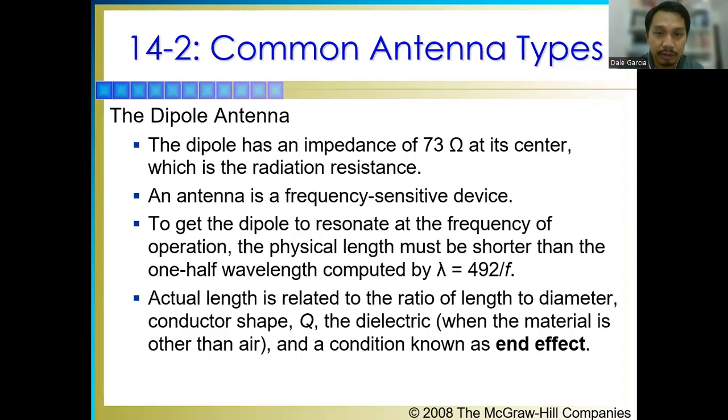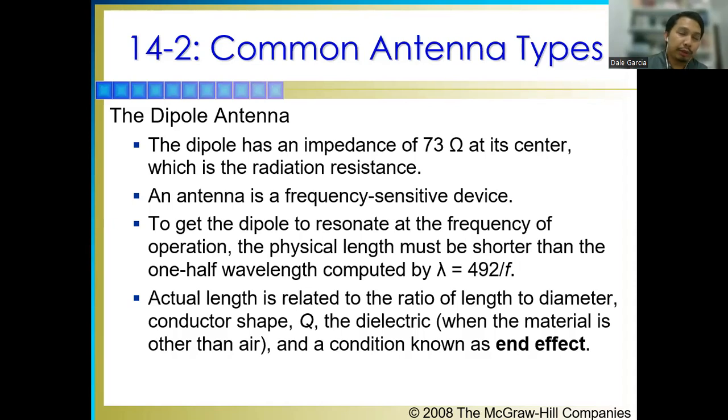An antenna is a frequency sensitive device, of course. To get the dipole to resonate at the frequency of operation, the physical length must be shorter than 1/2 wavelength, computed by 492 over f. The 492 already accounts for the speed of light.